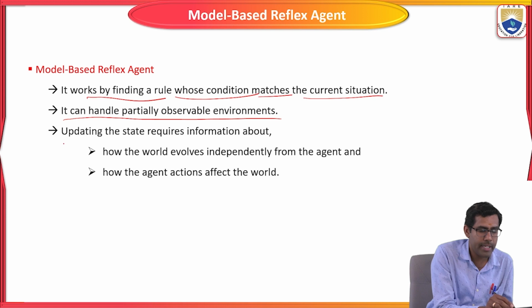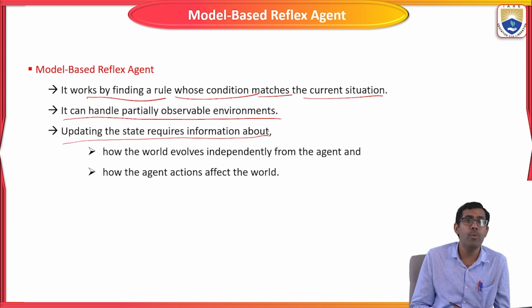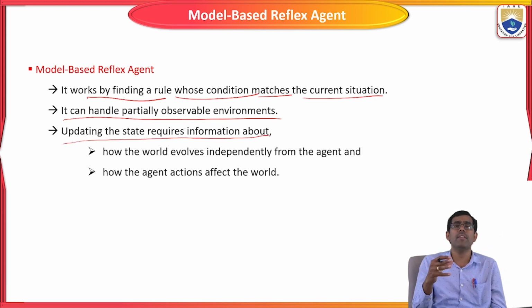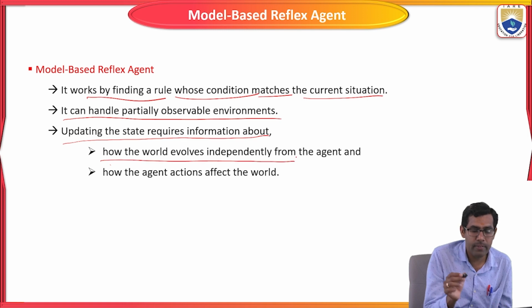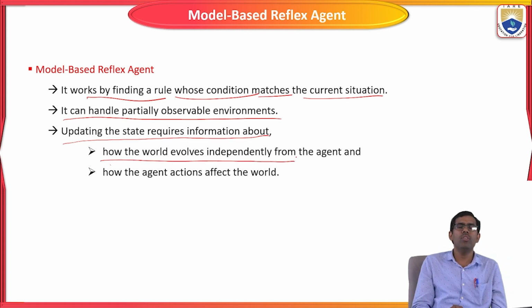So updating the state records information about the environment. Based on the partially observed environment, we are going to fix one state. How will that state be updated, and how will it affect the environment? That is, how the world evolves independently from the agent, how the particular state is evolved and present over the environment.